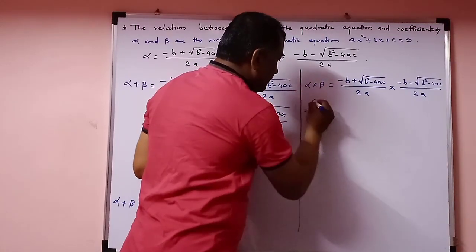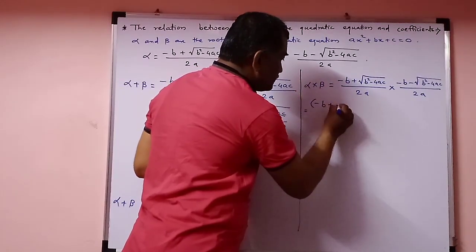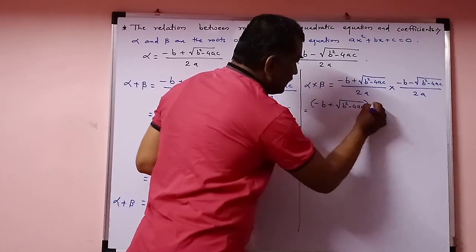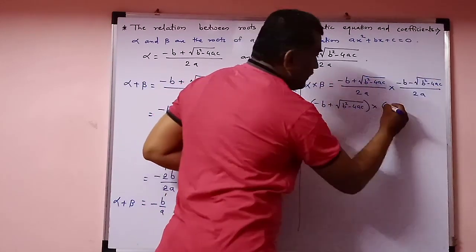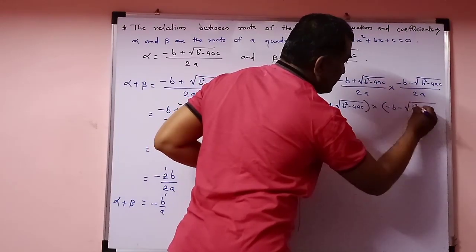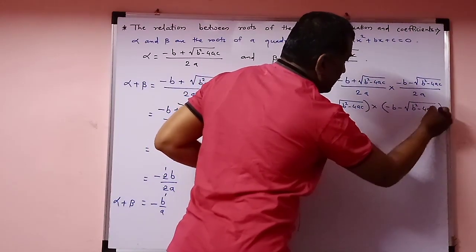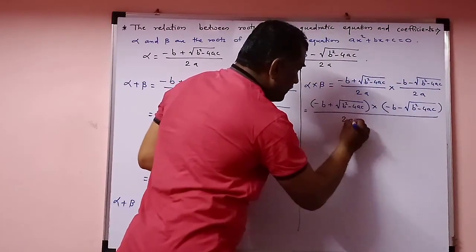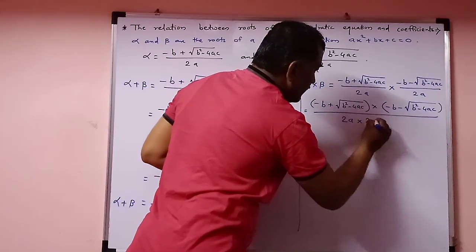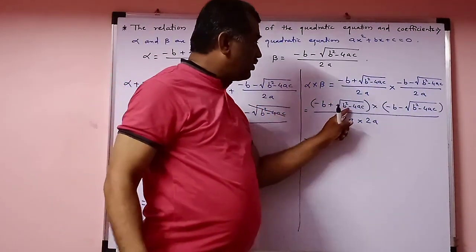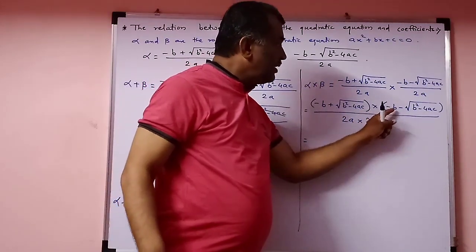In the first bracket, minus b plus square root of b square minus 4ac, into, in another bracket, minus b minus square root of b square minus 4ac, upon 2a into 2a.